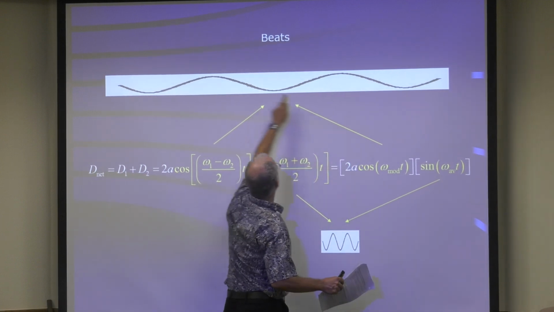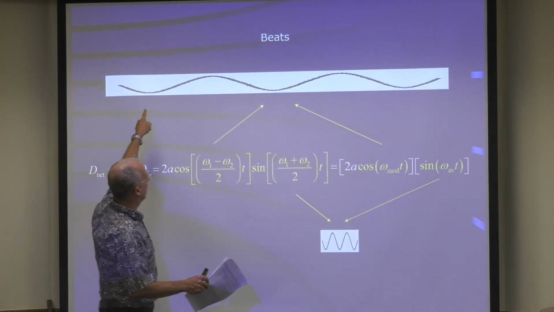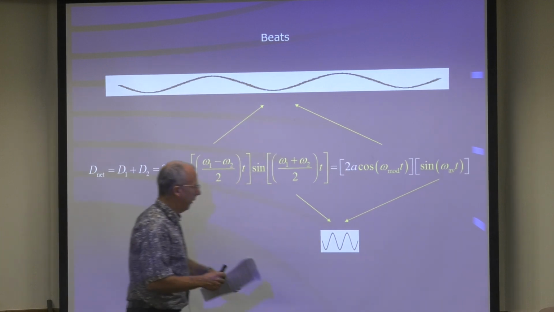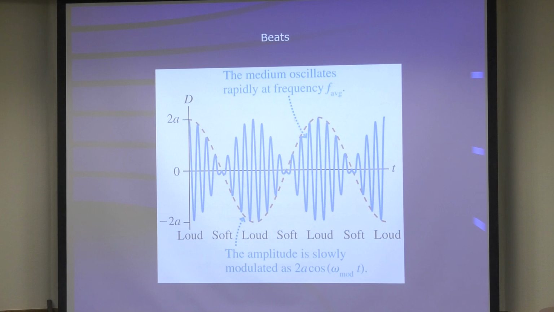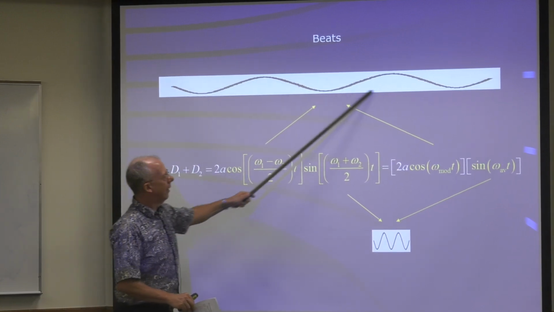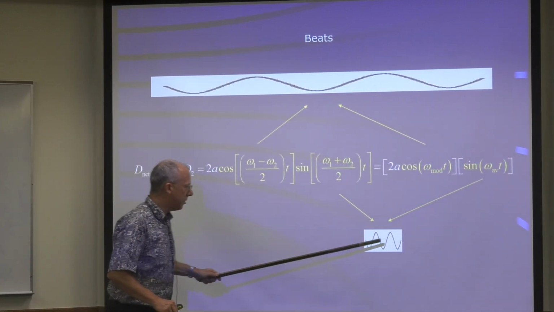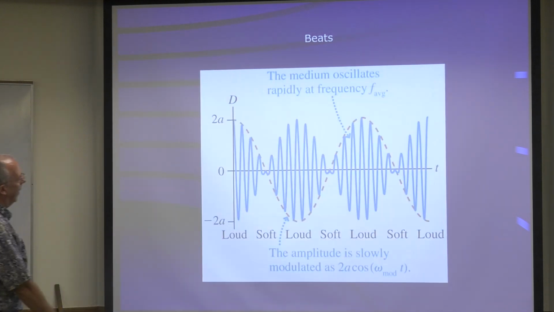This is supposed to be your stretched out cosine. This is your ordinary sine. If you put those together, this is what you get. So if you multiply your stretched out cosine by a normal sine, you get that.